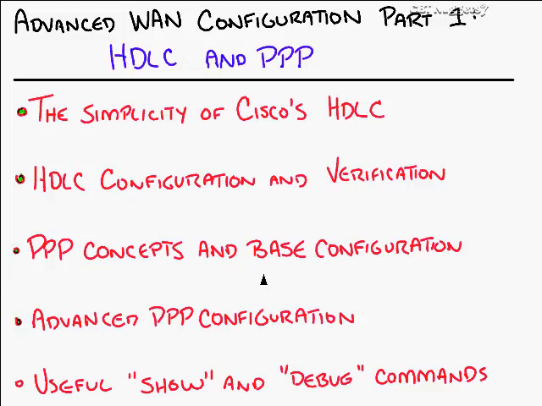The base configuration is fairly straightforward with encapsulation PPP. Just about everything else that we did was an advanced style configuration to allow PPP to stand up and dance with multilink interfaces using modems to connect as backdoors. And of course, we covered the key commands that we can use in PPP and HDLC to verify that they are up and running successfully.